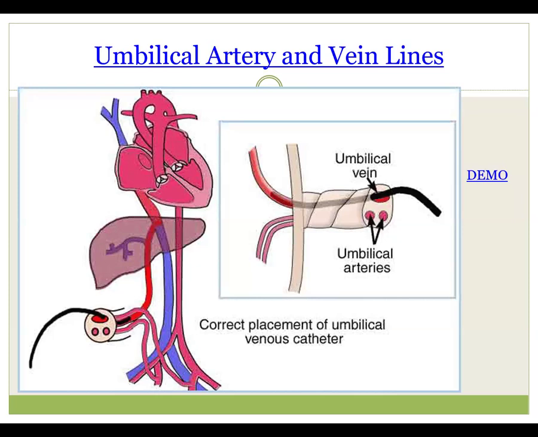We have one umbilical vein. It's a very, very big vessel, and two umbilical arteries, usually. Smaller vessels, but still open and patent in our newborn baby.